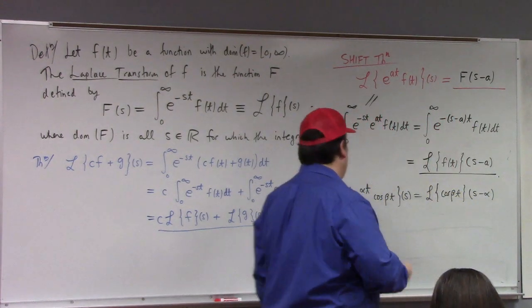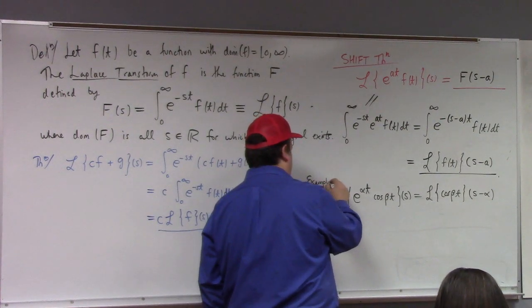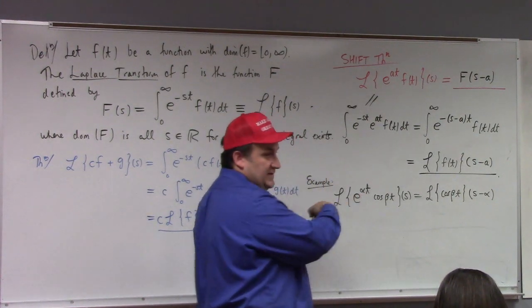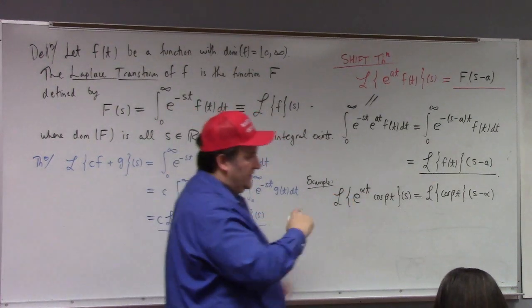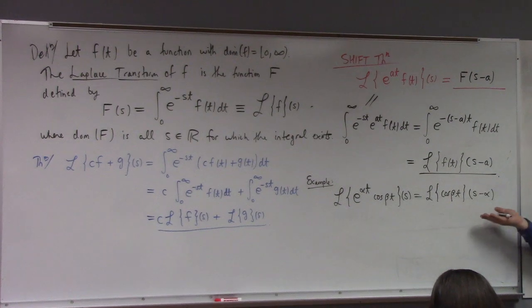Take a equal to alpha, for example. Do you see that? If you look at the formula, everywhere there is an s, you're plugging in s minus alpha. That's composition. That's evaluation at s minus alpha for s. That's the pattern here.